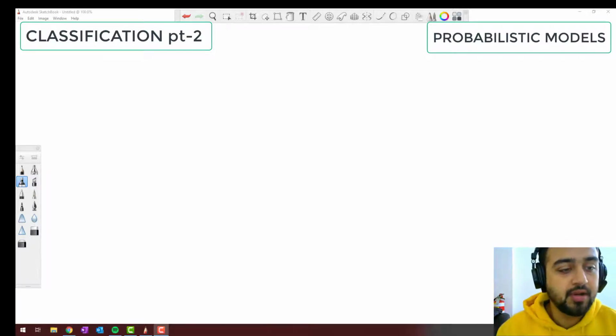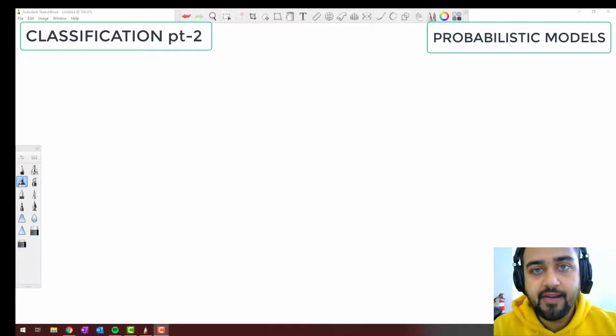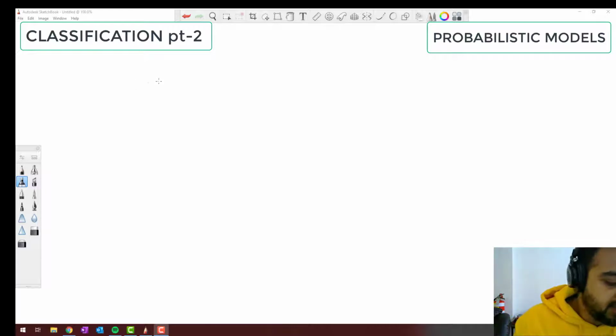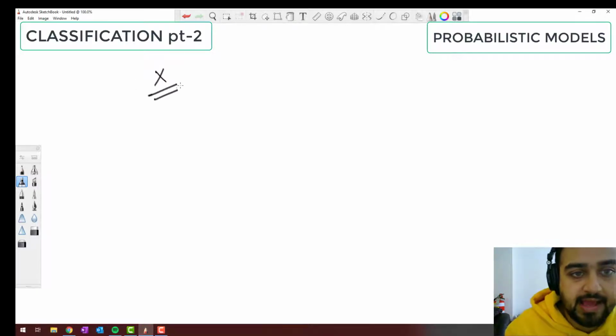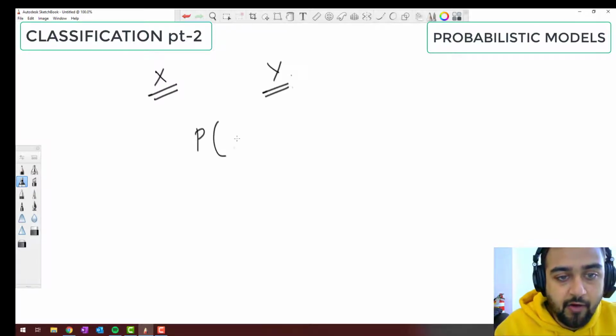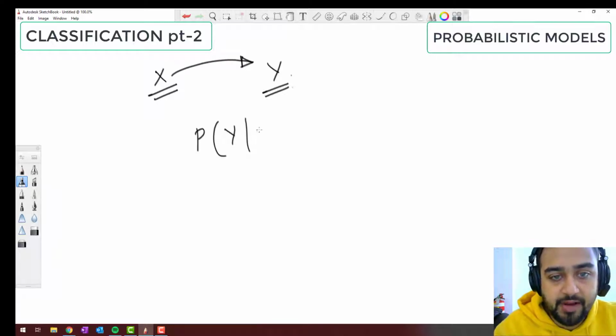So a probabilistic model is something that defines a framework for machine learning that uses posterior distribution to classify data samples into respective classes. Now what do I mean by posterior distribution? A posterior distribution is if, let's say, we have a data sample X and a sample class Y. So the probability of this data sample X being in class Y would be defined as P(Y given X).